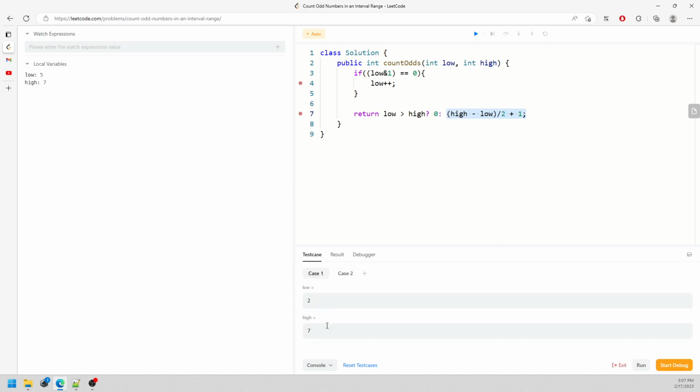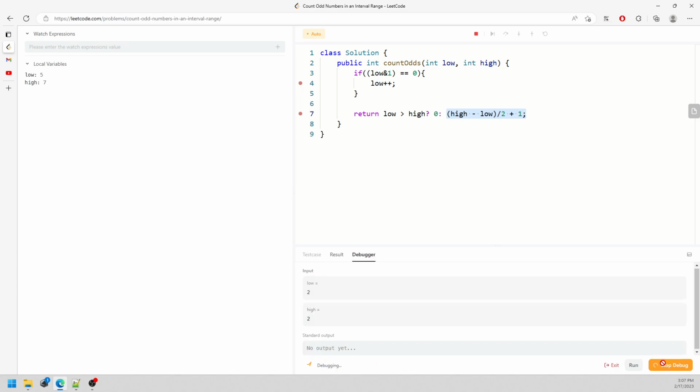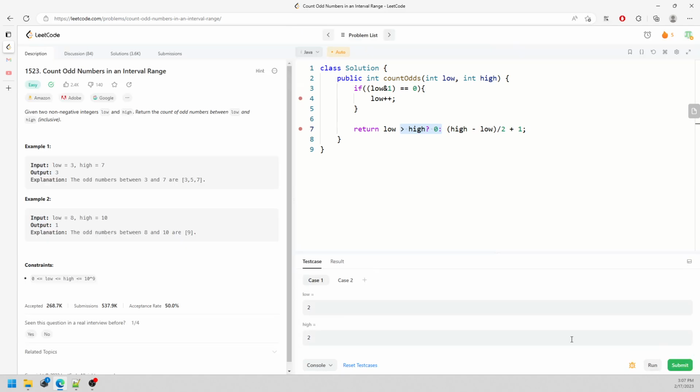But what if low and high are the same? At first we are going to increment by 1, and then later low is 3, high is 2, so you return 0, right? So this is pretty much the idea.